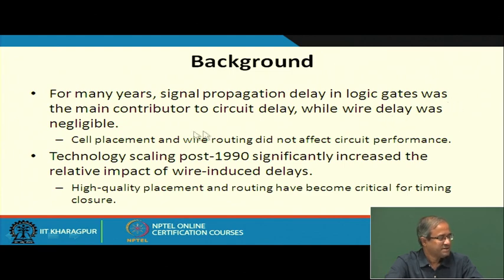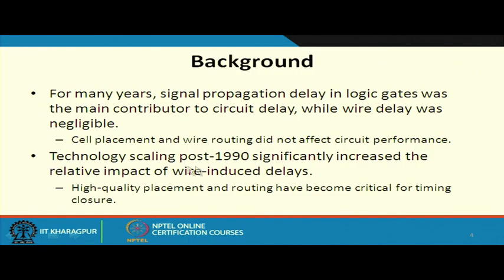Because of this, cell placement and routing did not affect circuit performance, because when we evaluated circuit performance, we only talked about the delay of the gates, we did not talk about the delay of the interconnection. So, it was immaterial whether the wires were short or longer; we assumed that interconnection delays were negligible as compared to the gate delay.